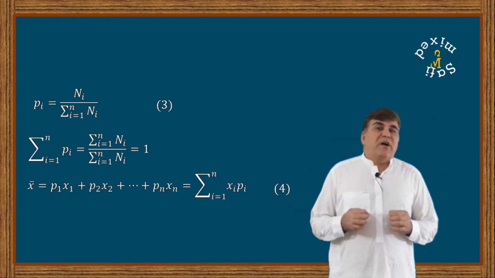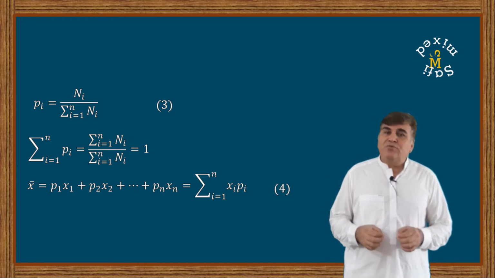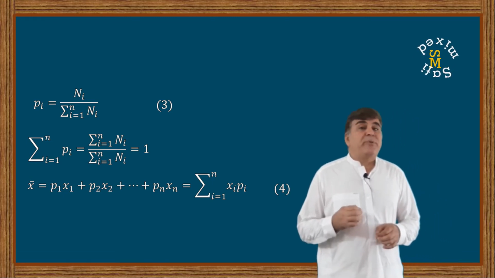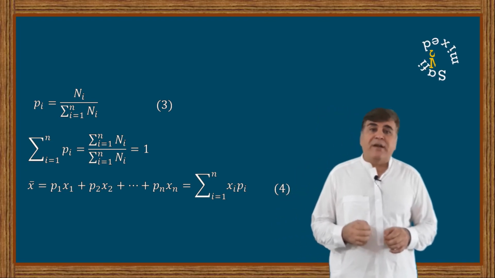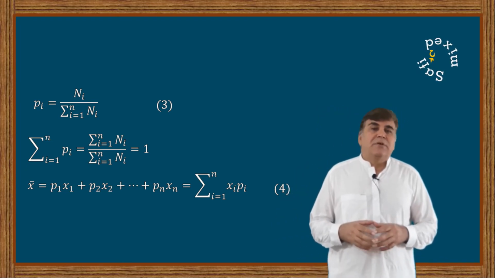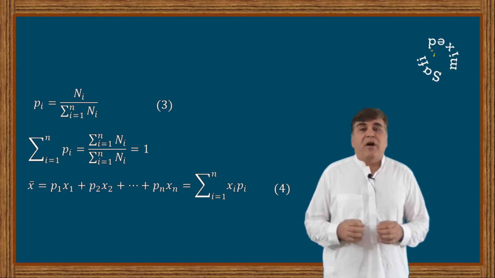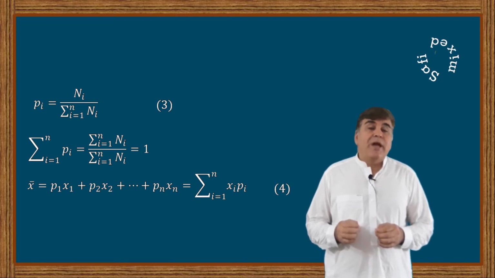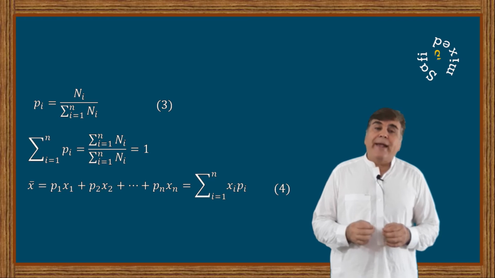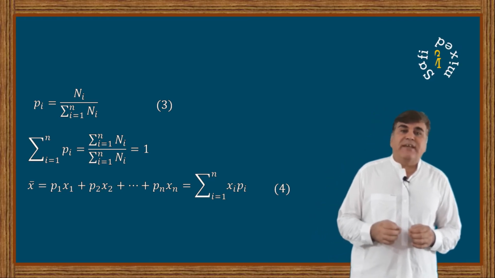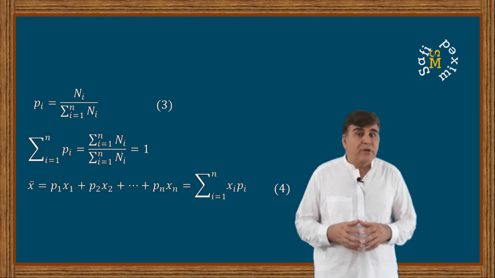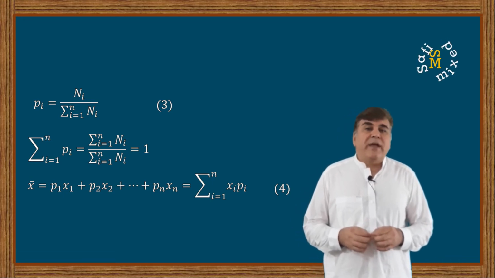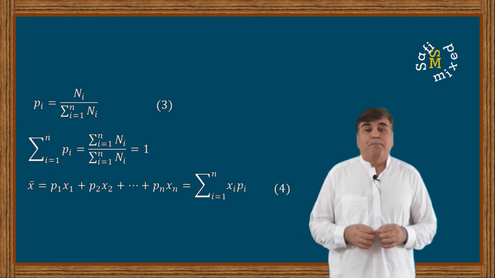From the perspective of theoretical approaches to the solution of a problem, the probability pi in equation 4 is called a priori probability. To have an estimate of how much the individual values x1, x2 and xn of the data deviate from the average value of equation 4, we define the variance of the data.